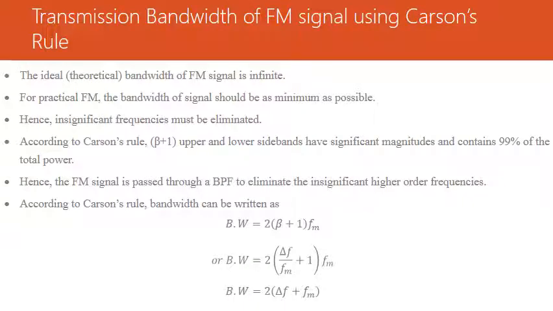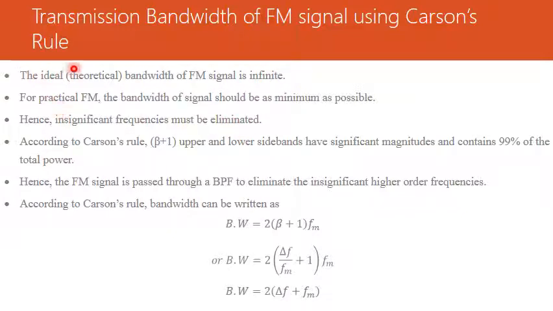So, now we will derive the expression for the bandwidth using Carson's rule. Theoretically the bandwidth of an FM signal is infinite, because in the case of wideband FM it contains an infinite number of sidebands.